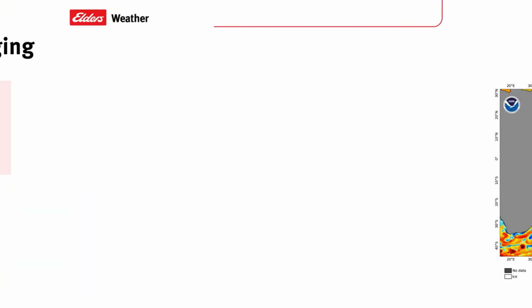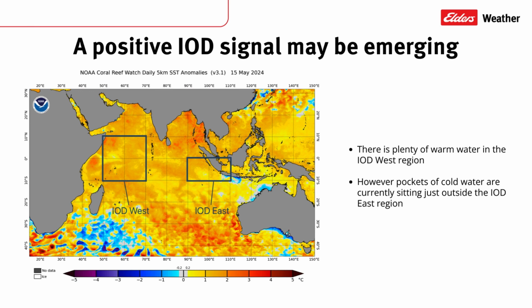One reason we've seen that signal just weaken a bit is because while we do have much warmer than average temperatures in the Indian Ocean Dipole West region, the cooler than average water on the eastern side of the Indian Ocean is sitting just outside that IOD East region. Because of that, we're not seeing the signal in the IOD index, but we are seeing those pockets of cooler than average water off the northwest coast of Australia.